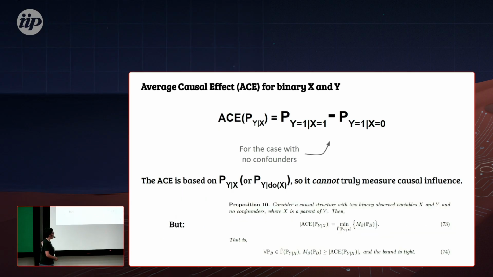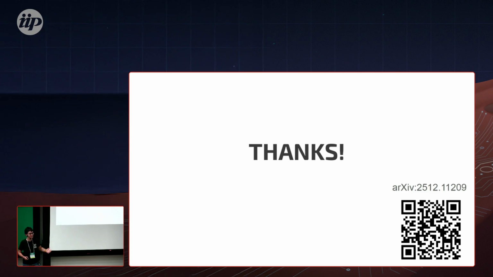And also, the average causal effect is a kind of coarse-grained monotone of our resource theory too. It does not measure causal influence per se, but it's a coarse-grained monotone in this resource theory. So, yeah, that's it. Thank you.